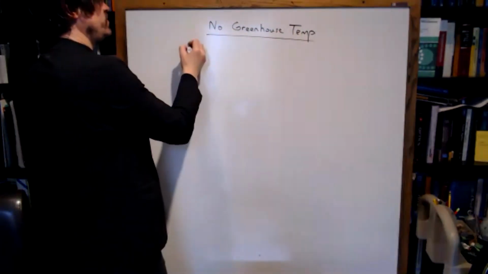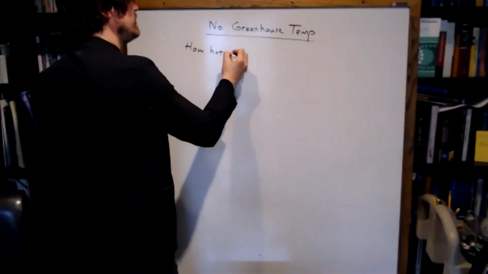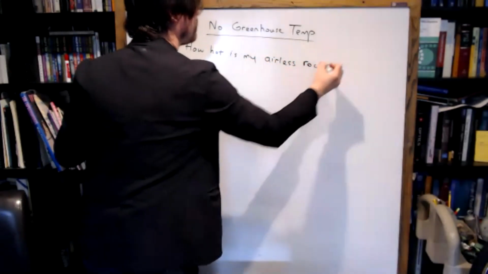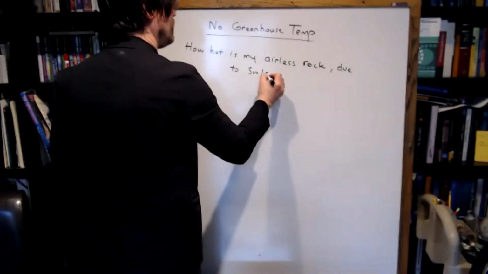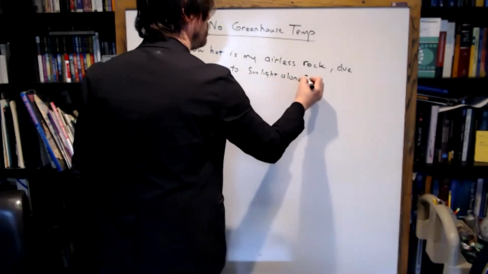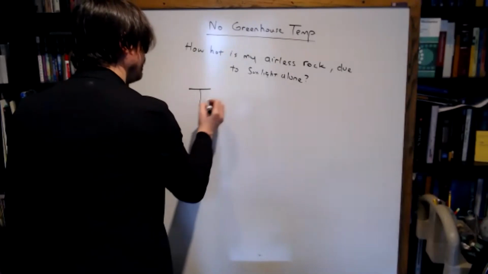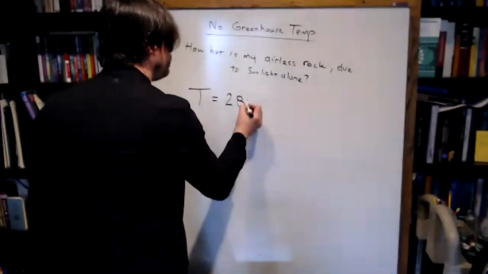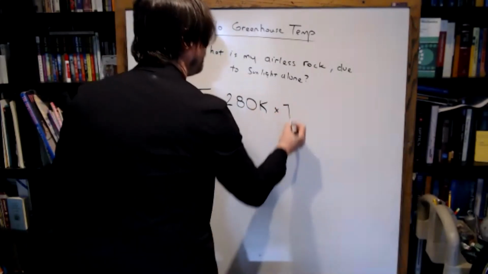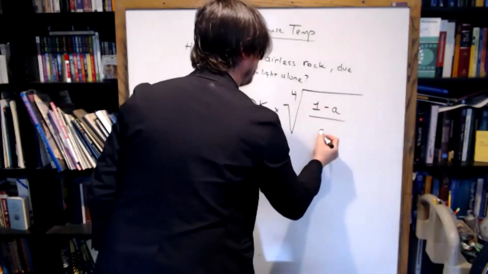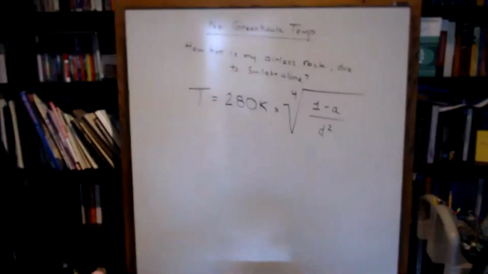And it answers the question, how hot is my airless rock, like the surface of Mercury or the moon, due to sunlight alone? No greenhouse effect or no atmosphere being included. And that temperature can be computed from 280 Kelvin times the 4th root of (1 minus the albedo) divided by the distance squared.